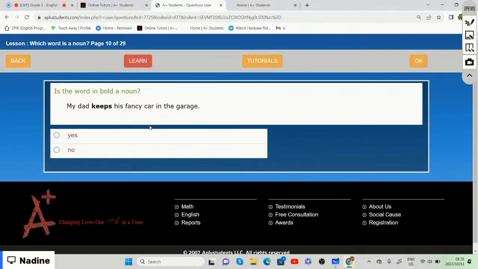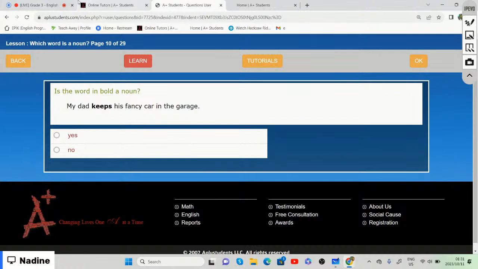And my dad keeps his fancy car in the garage. So my dad keeps his fancy car in the garage. Keeps, is that yes or no for the word in bold? Is that a noun? So the word keeps, is that a noun?